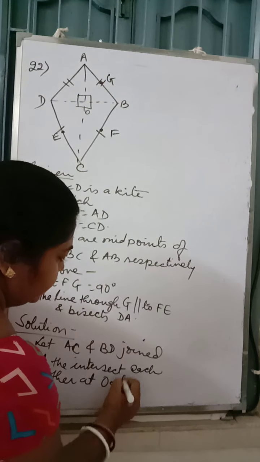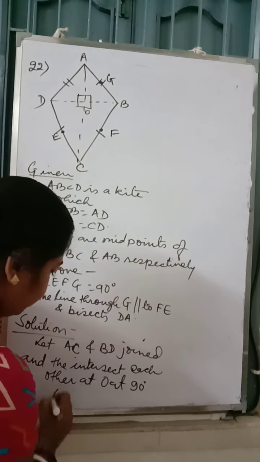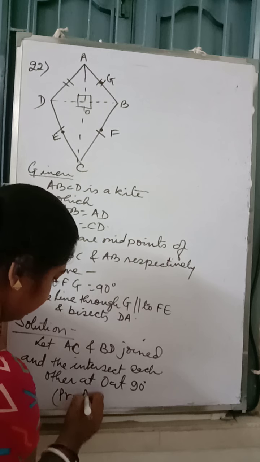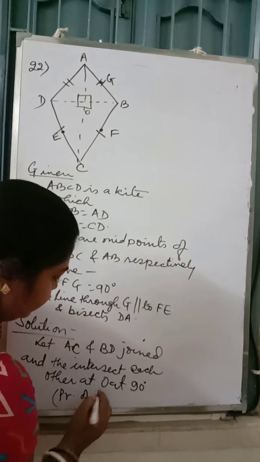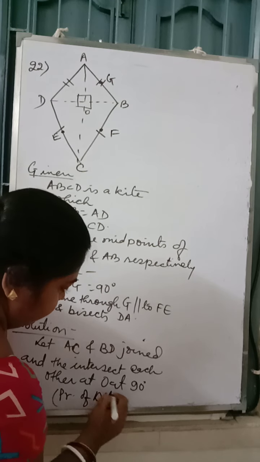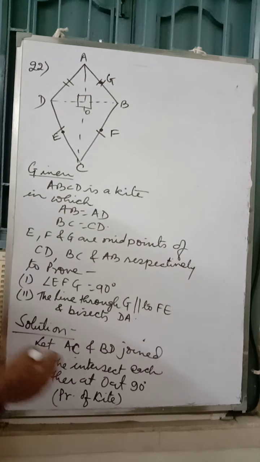At 90 degrees, property of kite, diagonals bisect each other at 90 degrees. This is the property of kite we have.